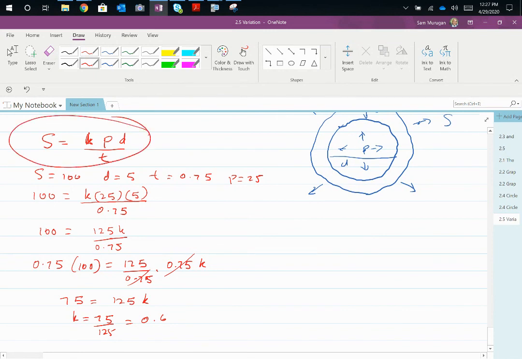So I'm going to use S is equal to 0.6, instead of K, P D over T. That's my general formula.